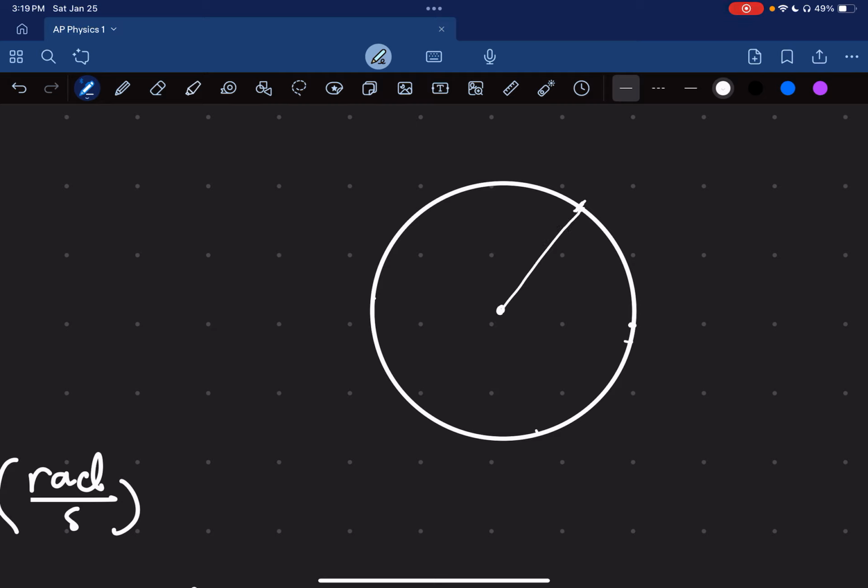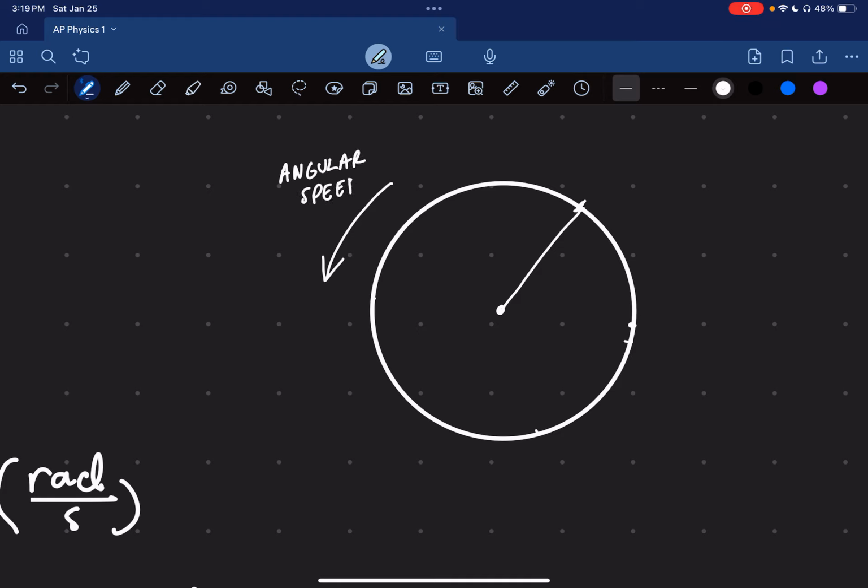And let's just say this is our starting position here. And this thing starts rotating. In fact, let's say it's like a bicycle wheel, and you're starting from rest and you're starting to go faster and faster. And as this goes around, we can say that this has an angular speed or a rotational speed.